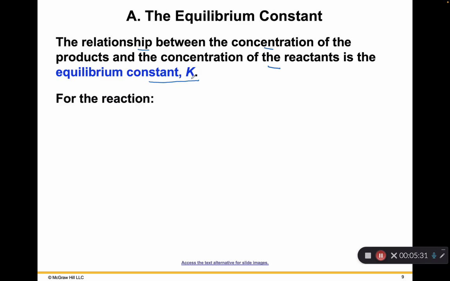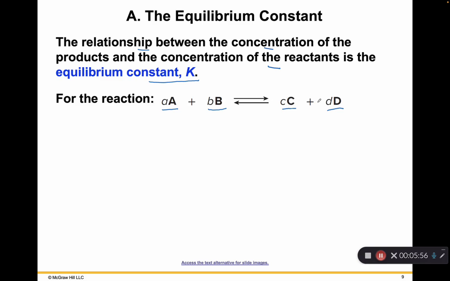Okay, so let us understand this with an example. Let's say I have a general reaction. I have a moles of A reacting with b moles of molecule B, forming c moles of product C and d moles of product D. The coefficients are represented here by letters.